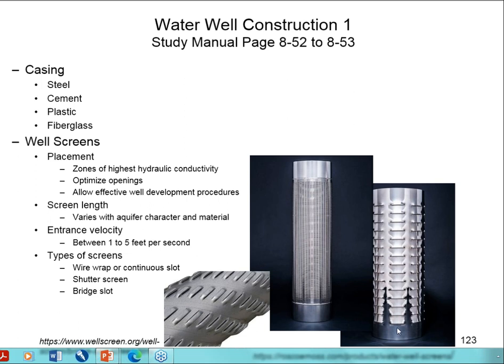It has good strength because it doesn't have as many openings as something like the bridge slot. But it's not as easy to develop in the naturally packed formations. And this bridge slot, there's a lot of different sizes, and it has a high intake area, and it's cheap, but it doesn't always have the strength, so it may collapse.